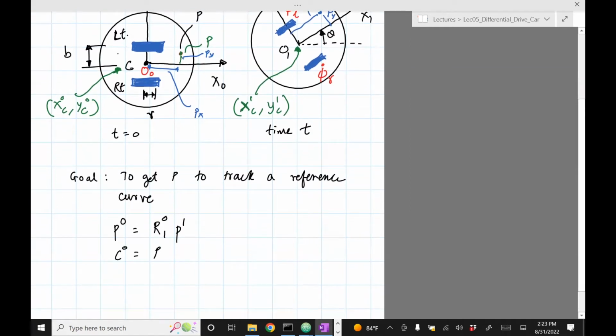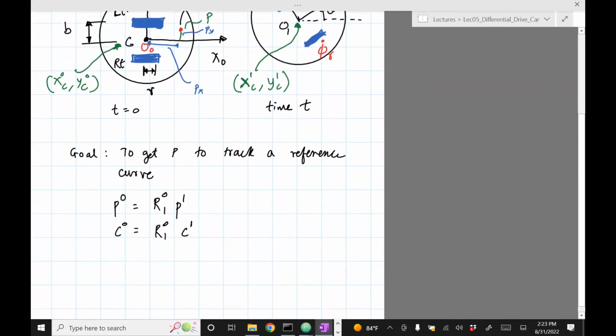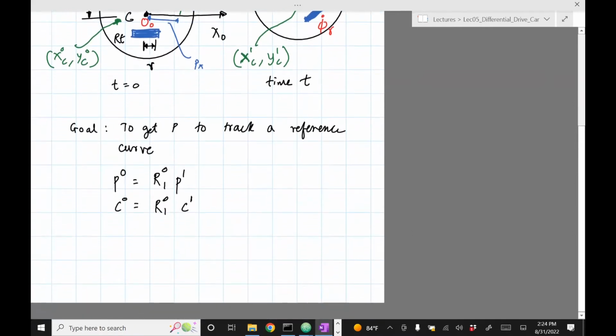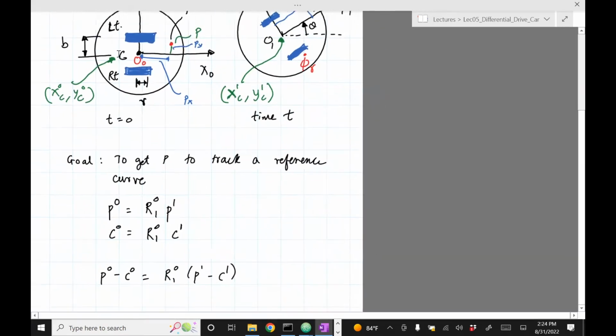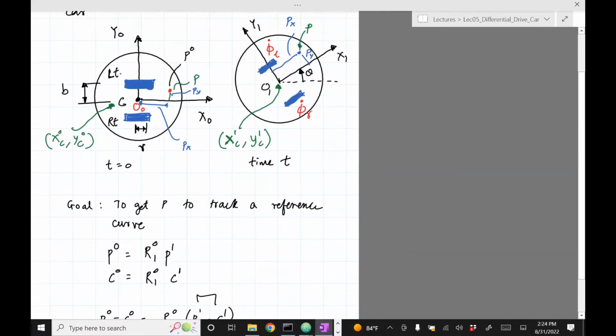We can also write something similar for C. Let's take the difference between the two, so just subtract one from the other. We have P0 minus C0 is R10 times P1 minus C1. Here we note that P1 minus C1 is the distance in frame 1.